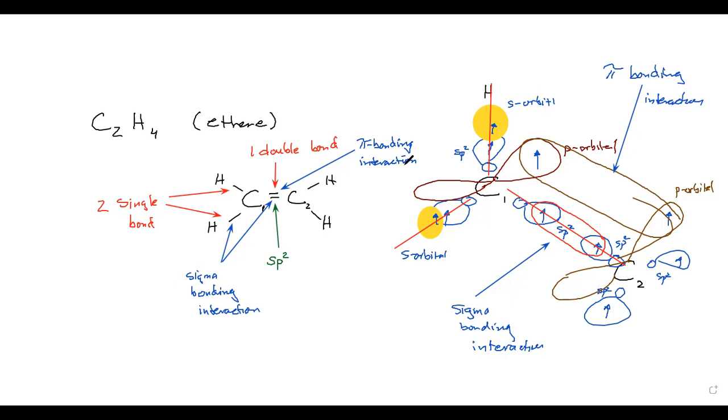So in a double bond, you will always have one sigma bonding interaction and one pi bonding interaction. For a single bond, it will always be a sigma bonding interaction. With the triple bond, which I won't talk about here, if you're interested, we can come by and talk about it. In a triple bond there will be at least one sigma bond, and remember, a triple bond is sp hybridized.